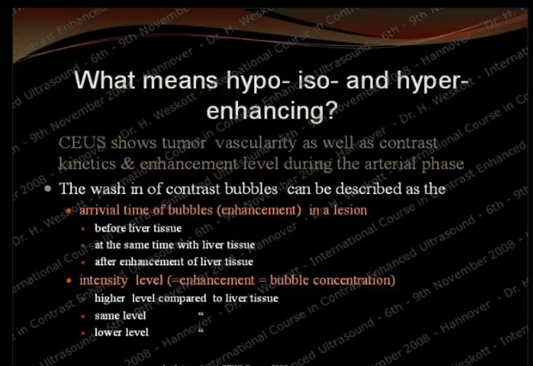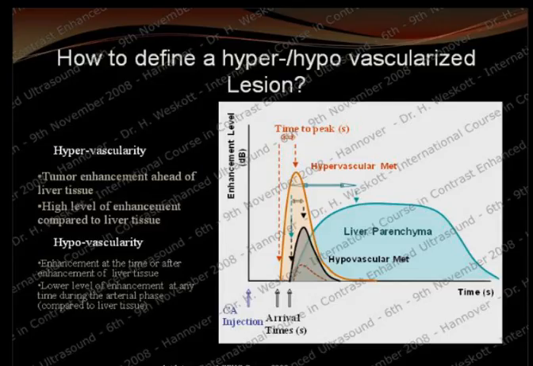Is it higher than the level of the liver tissue, or the same level, or a lower level? So this is how we define hypervascularity in our lab. It means that the tumor enhancement is ahead of liver tissue enhancement, and that we have a high level of enhancement compared to liver. Hypovascularity means enhancement at the time of or after enhancement of the liver tissue, and a lower level of enhancement at any time during the arterial phase.